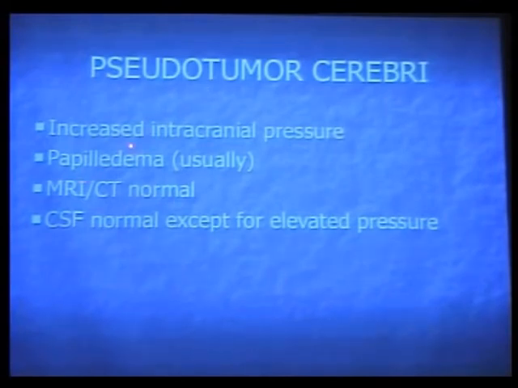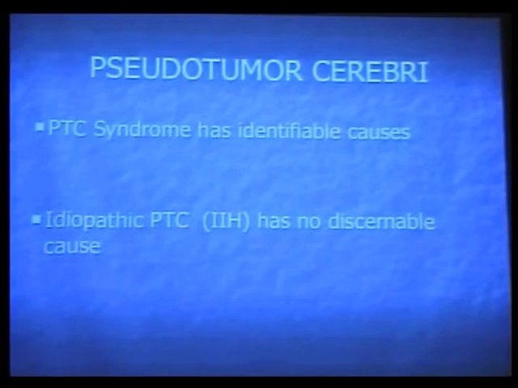And in pseudotumor cerebri, you have papilledema due to increased intracranial pressure. The neuroimaging is normal, and the CSF is normal except for an elevated pressure. So the composition of the CSF is normal. And this is the definition of pseudotumor cerebri: papilledema due to increased intracranial pressure, normal imaging, and normal spinal fluid except for increased pressure.